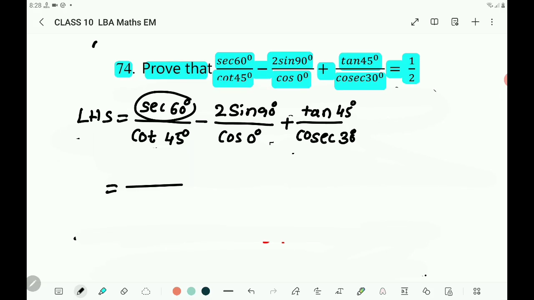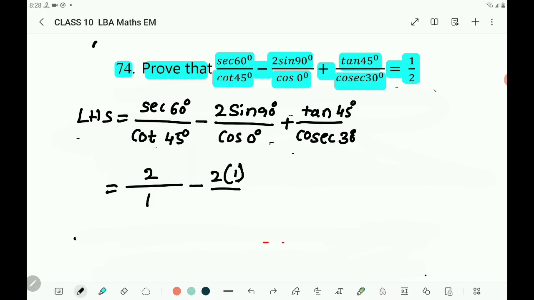Secant 60 degree. Secant is the reciprocal of cos. Cos 60 degree is 1 by 2, so secant 60 degree is 2. Cot 45 is 1. Then you write minus 2 into sin 90; sin 90 is 1, so 2 into 1 by cos 0.